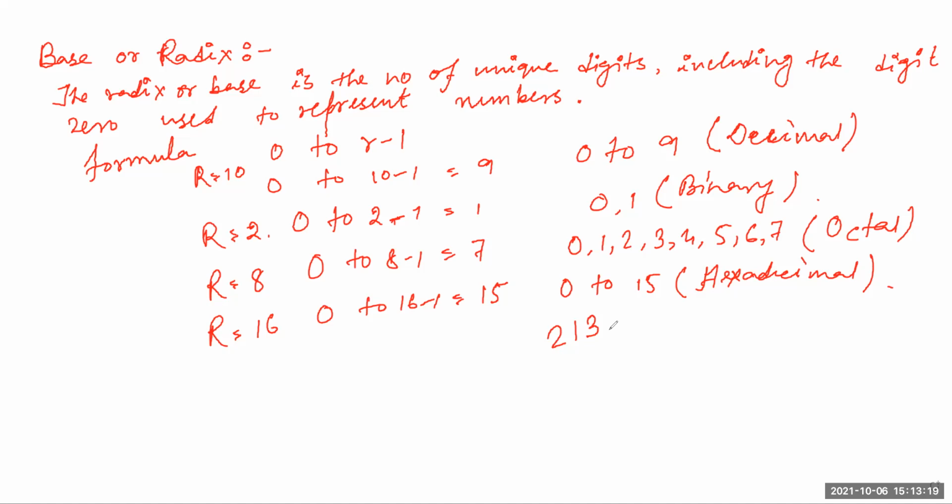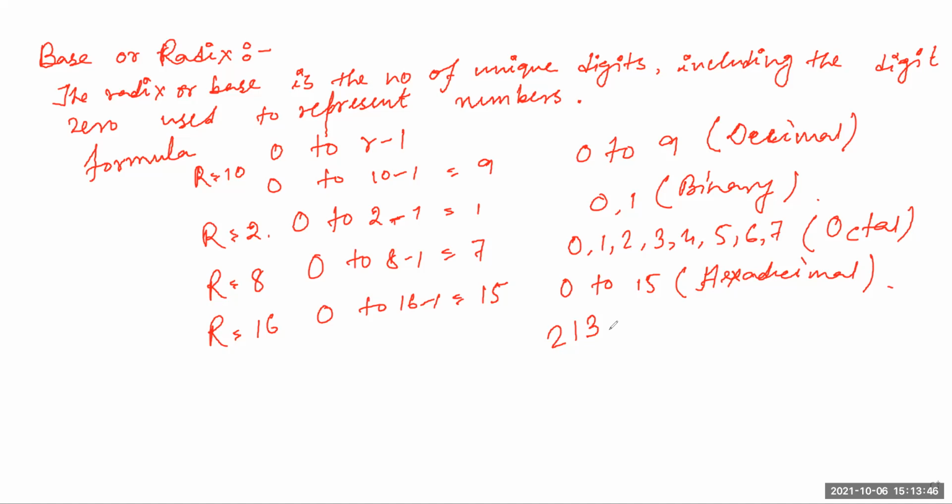Sir, hexadecimal number. How do you understand it? Tell me. 213: the digits 2, 1, 3 are involved in the decimal number. Yes, sir, and the 3 is also involved in the hexadecimal number.